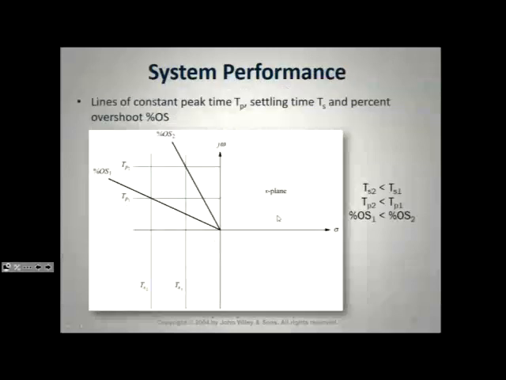This is showing you a wee bit more about what you can actually get from the pole zero diagram. So this line here is a line of constant peak time, as is that one, a different peak time. These lines here are lines of constant settling time, and these diagonal lines are lines of constant overshoot or constant zeta. The diagonals.